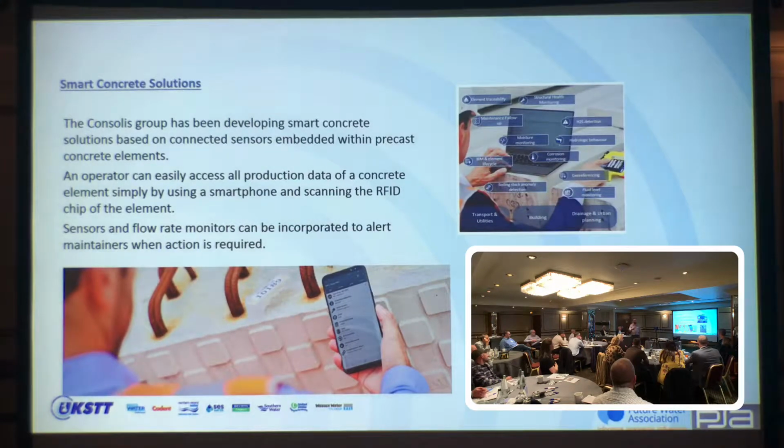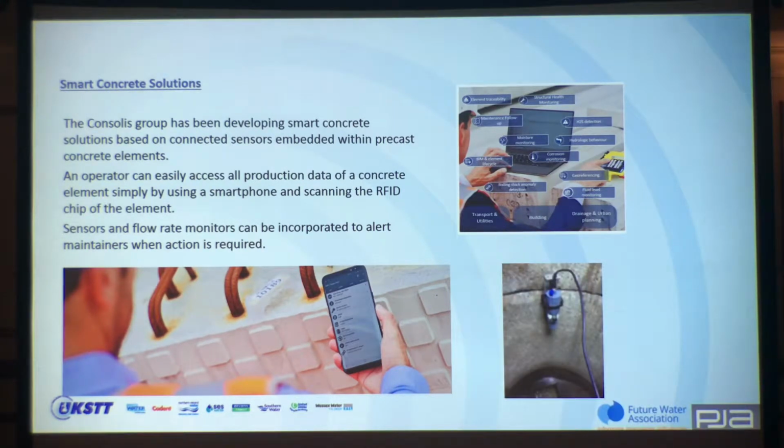Now, something that we're quite interested in is instrumenting pipes to gain information for maintenance, production and traceability. By putting RFID chips in pipes, you can actually trace it from production to installation. You can also have chips in pipes for maintenance, so you can scan the pipe with a handheld device and gain the information from that.